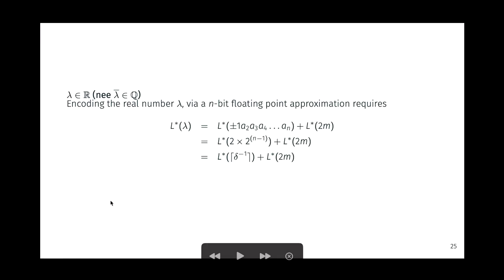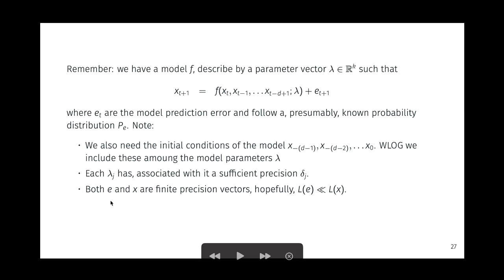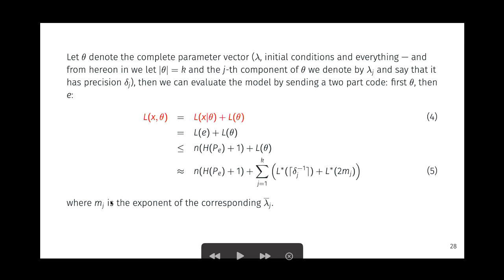And of course, if you talk about a real number, a real number is just something close to a rational number. And so that gets us back to this expression here, which is I want the description length of my data, which is going to be the description length of the data and my model parameters. I'm going to call the vector of model parameters theta here.